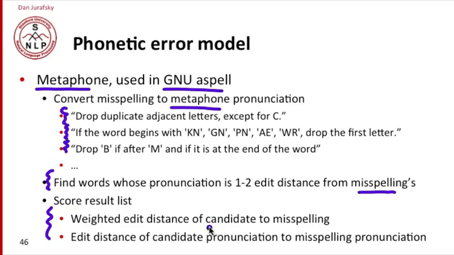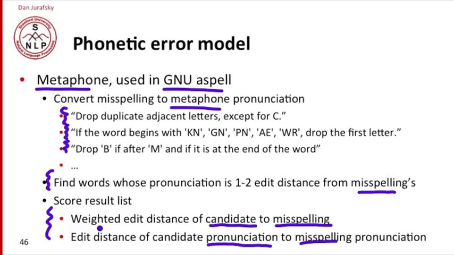How likely is the candidate to be orthographically changed into the misspelling? So we'll use some kind of channel model-like thing. And the same thing with the pronunciation. How likely is the misspelling to be pronounced like the candidate? So a Metaphone system doesn't use a language model, but uses a pronunciation-based kind of channel model.